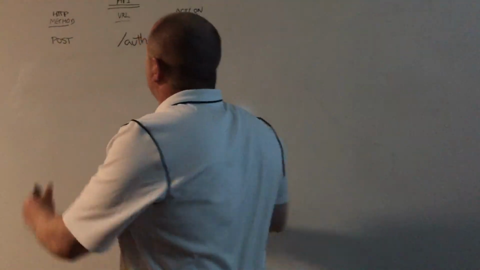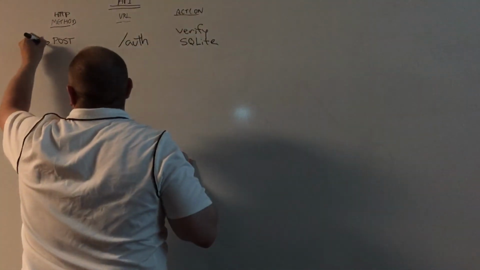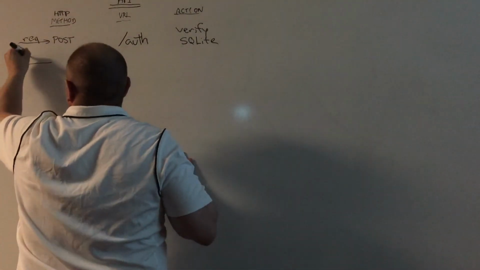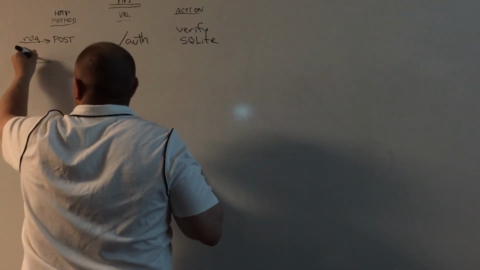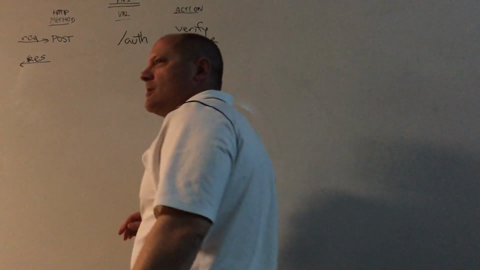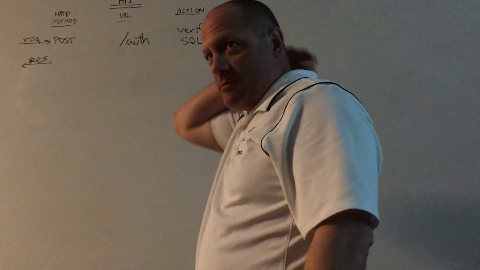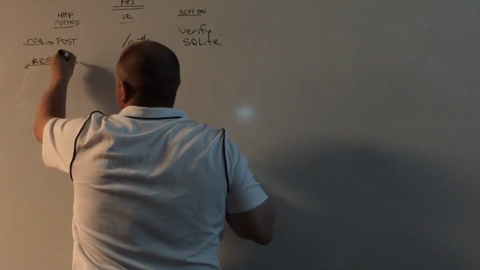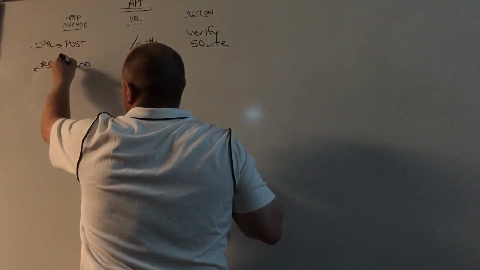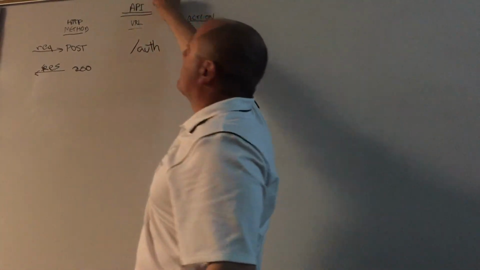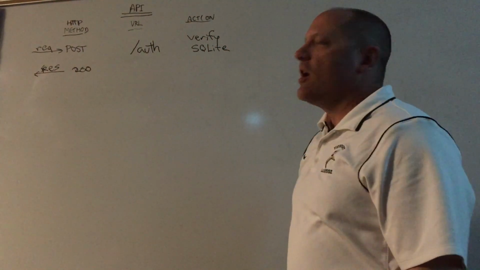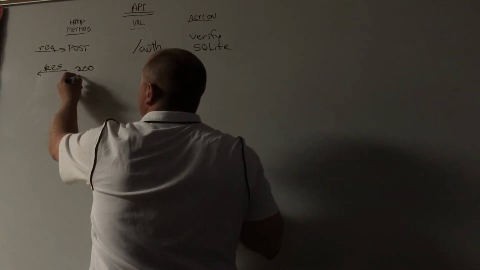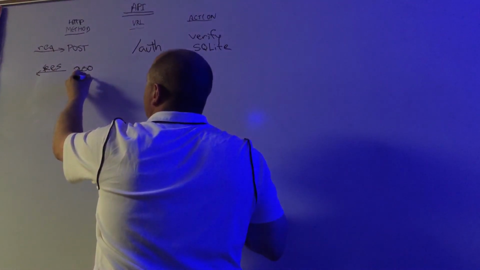So that's the request. What's going to be his response? The 200s are the HTTP codes, right? So we're going to have a 200, or a 400. A 400 is failed, access denied.